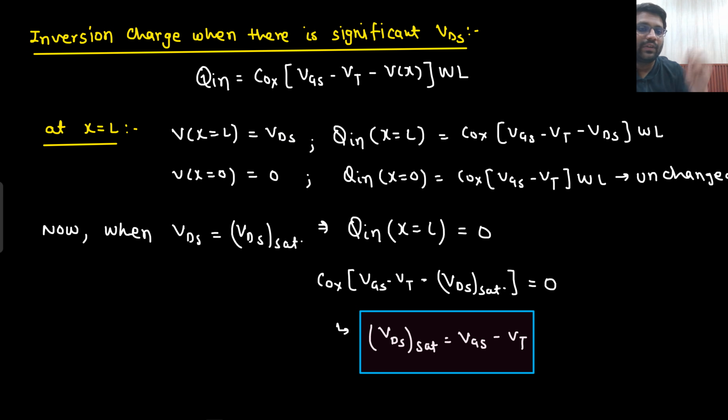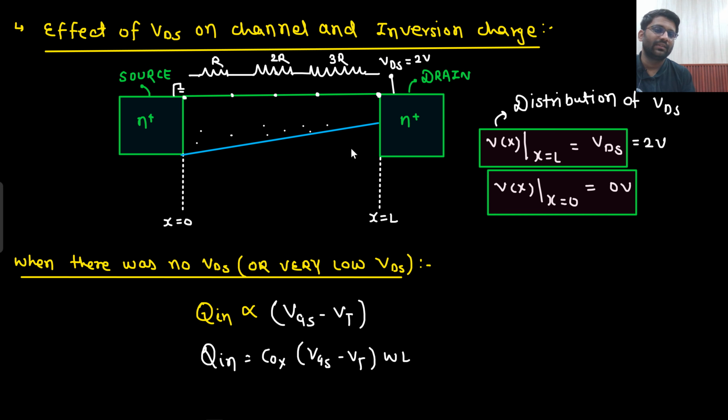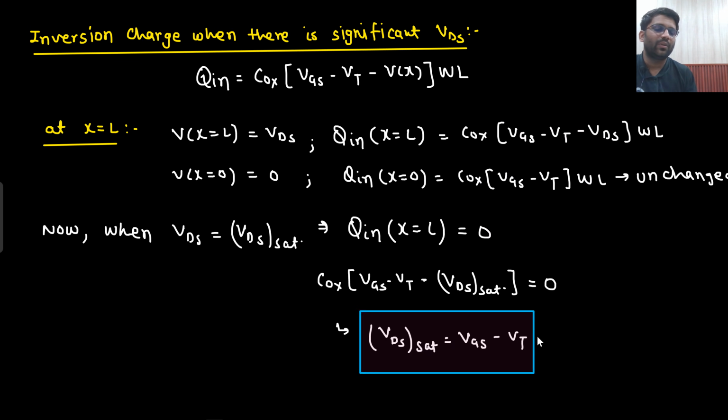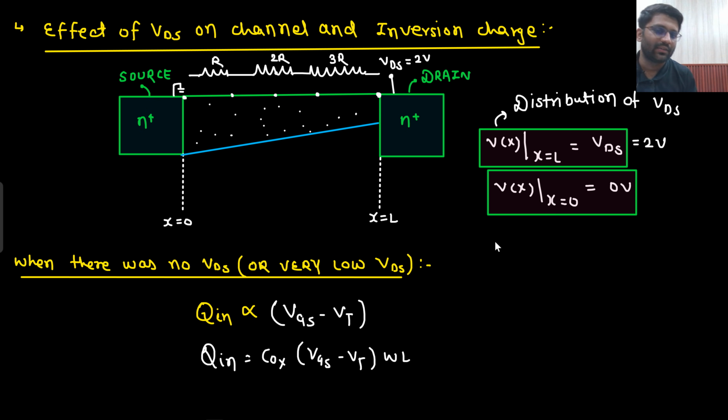So at saturation, my inversion charge will be completely gone. So my drain potential is surely affecting the inversion charge. So the inversion charge, which I previously wrote as VGS minus VT, now I can write as VGS minus VT minus Vx, where Vx is the potential distribution of VDS.